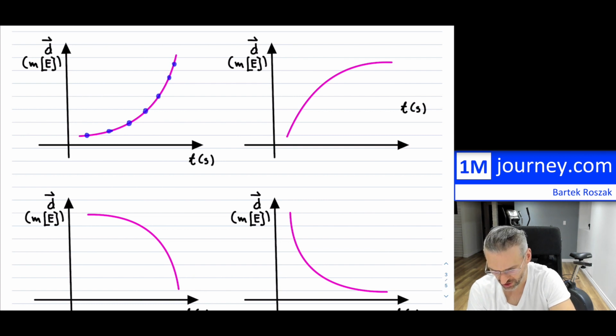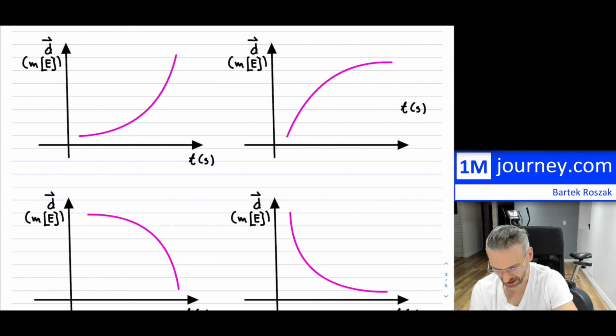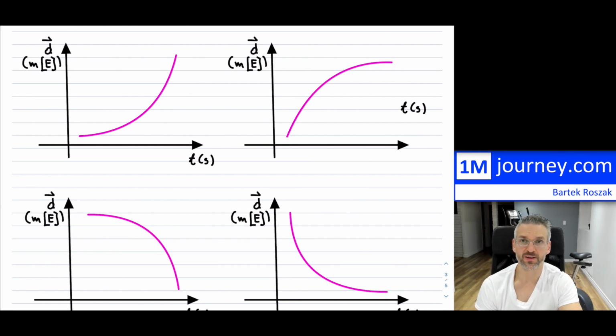You're moving upwards, so you're moving away, going east as you're going through. But the graph itself is not a straight line. So you're no longer moving at a constant velocity. Your velocity is changing, and that means you're accelerating.